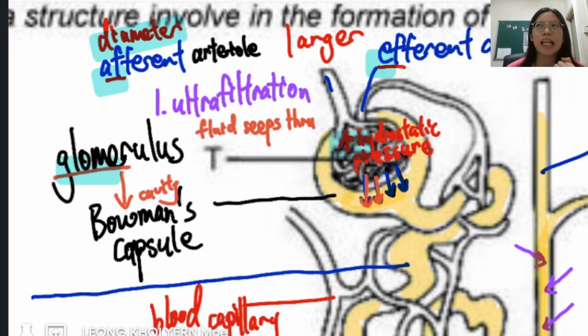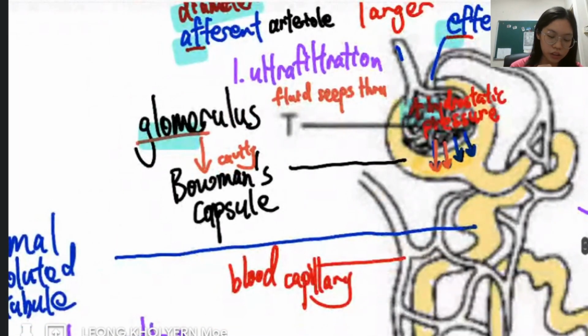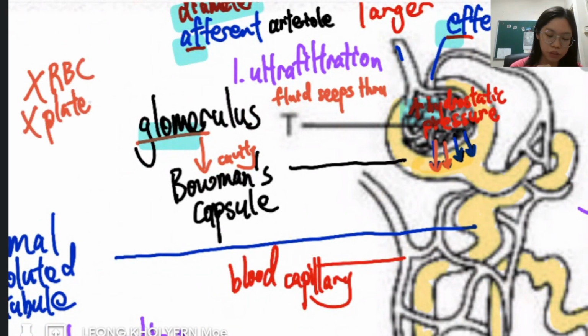It's like the process you learned in the human lymphatic system, because of high hydrostatic pressure. So it's almost the same content. It has the same composition as blood plasma, just that it does not have red blood cells, no platelets, no plasma protein.